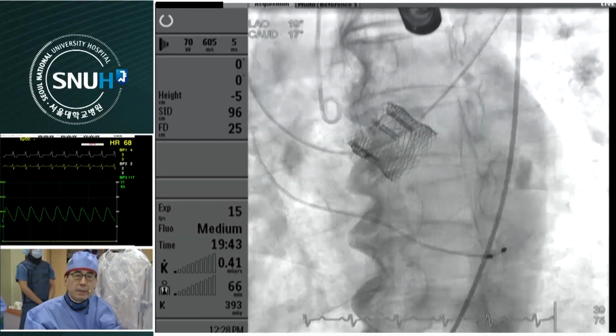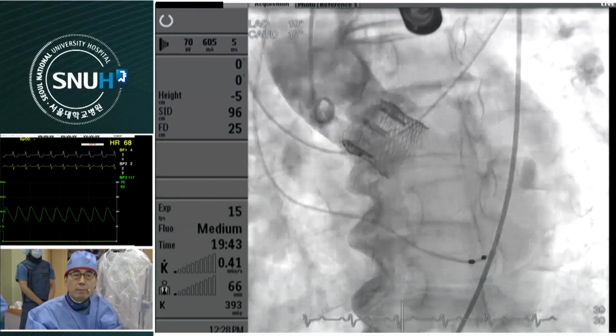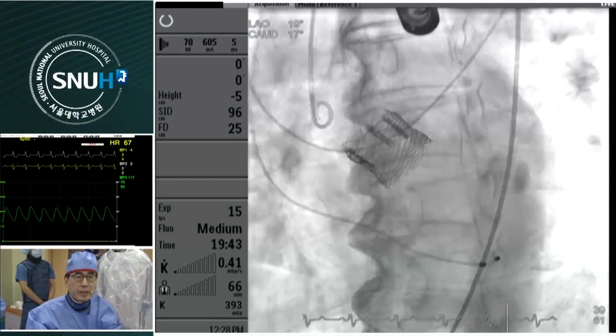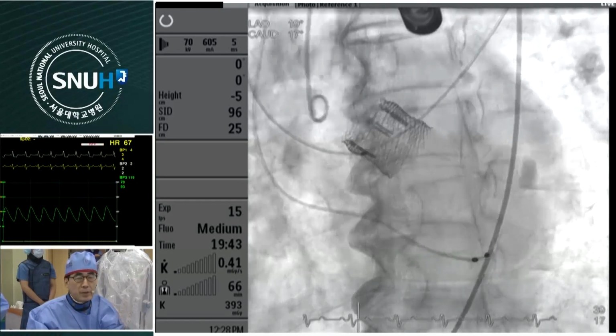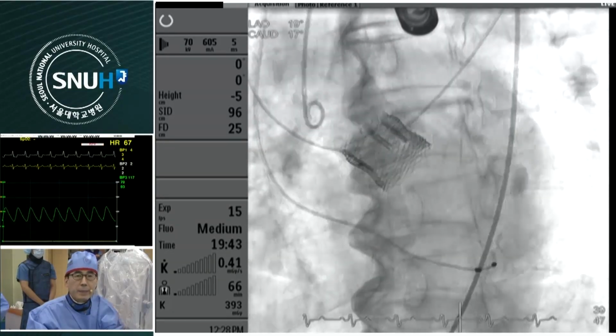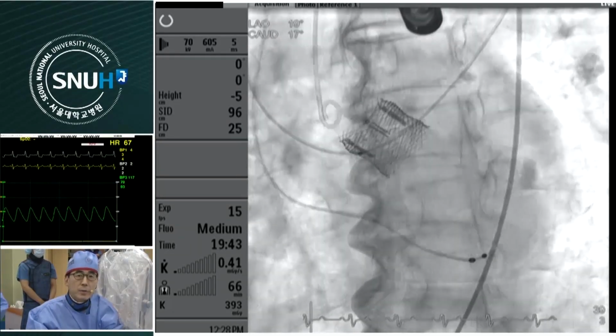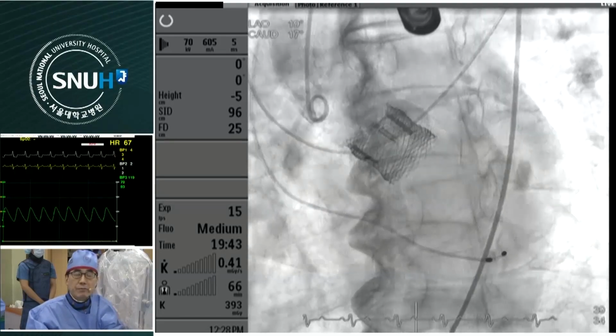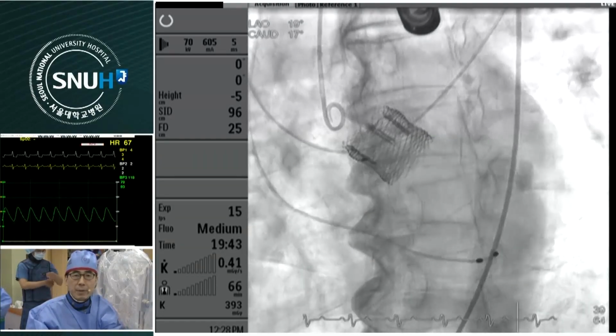Sapien 3 is a very good device, especially in patients under emergent status or hemodynamic instability, because we can finish the procedure in just 15 seconds with Sapien 3.